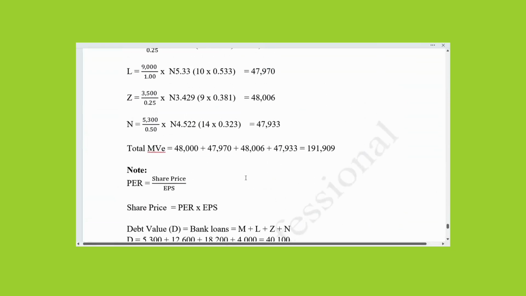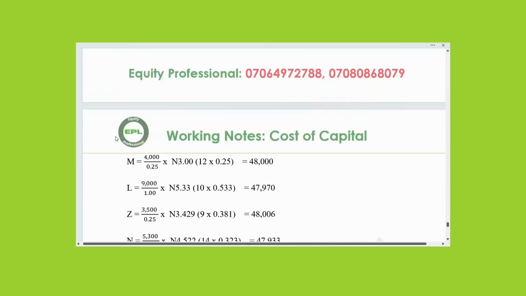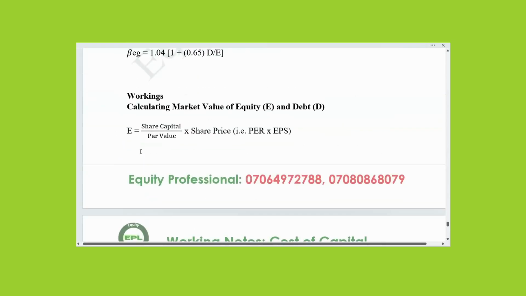This information is for the proxy. We are starting with the proxy company.